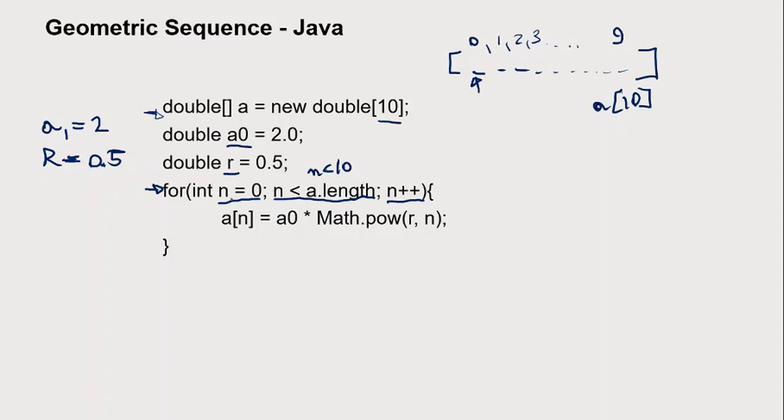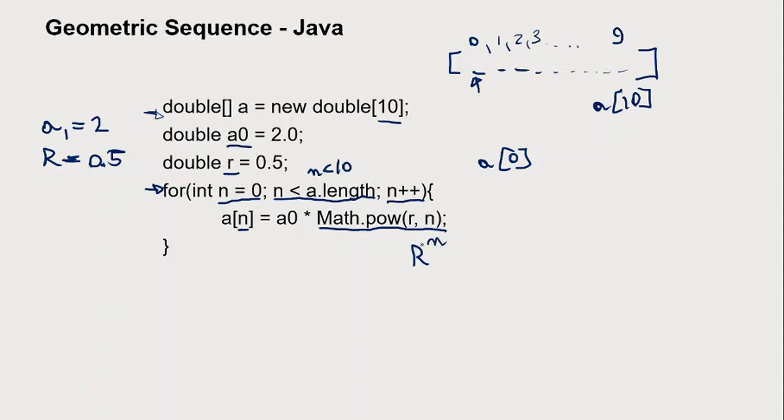And then every time I go around the loop, I replace the value in that nth position. In the first instance, when n is 0, we are looking at a of 0 to be equal to a0, which is 2.0, multiplied with math.pow(r, n). Now this is a method from the class Math, which basically takes the first number in the bracket and raises it to the power of the second number in the bracket.